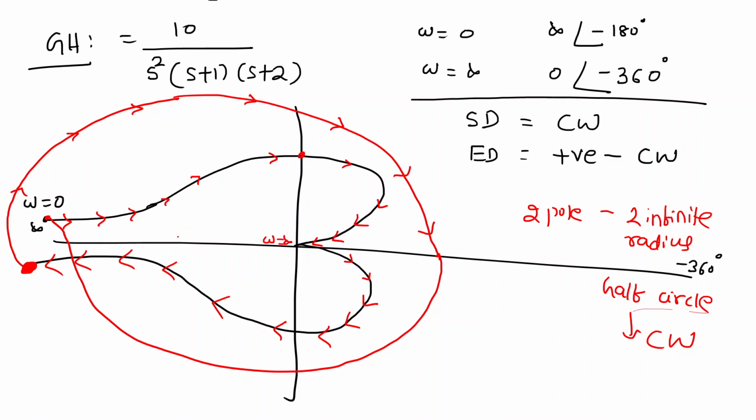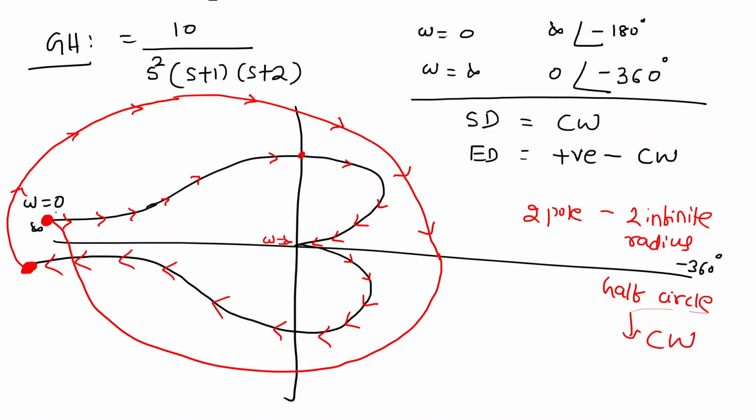Just make two half circles to complete the closed path. Remember, the final Nyquist plot should be a complete path.